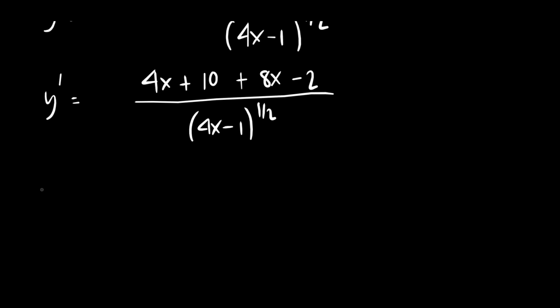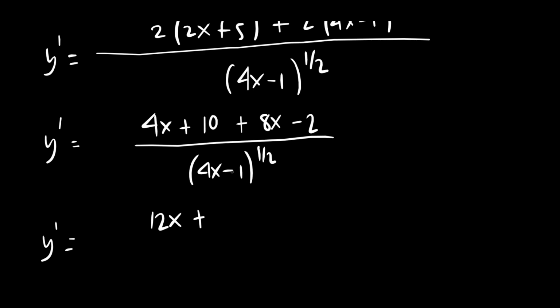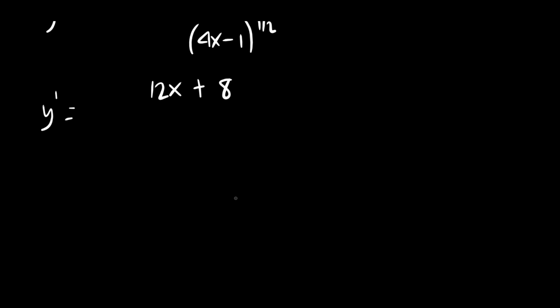After this, we have y prime equal to, so we'll combine similar terms. So 12x plus 8 all over 4x minus 1 raised to the power of 1 half.